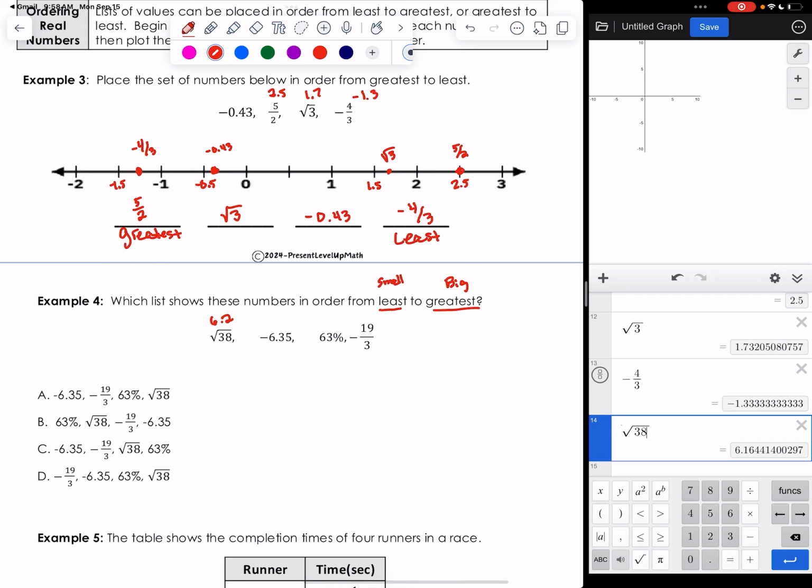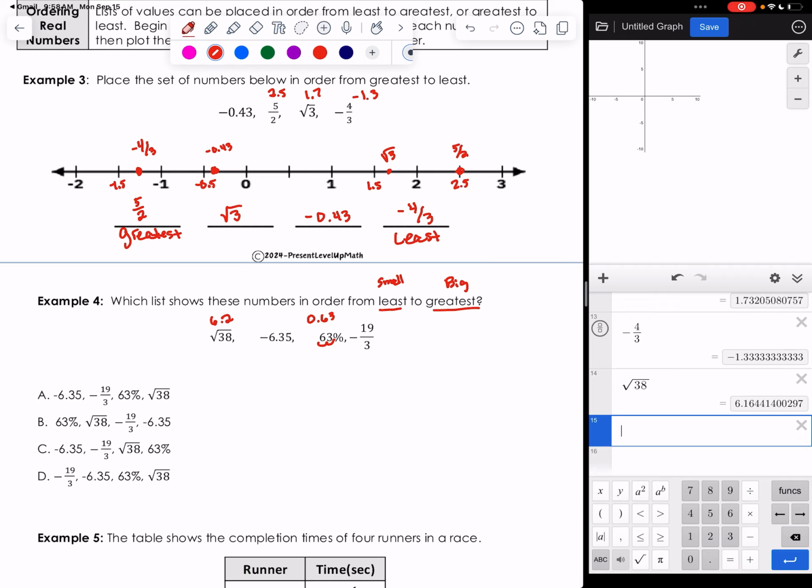Next one, negative 6.35 is already a decimal. 63%. So remember, move your decimal 2 places to the left. So 0.63. And then negative 19 over 3, negative 6.33.